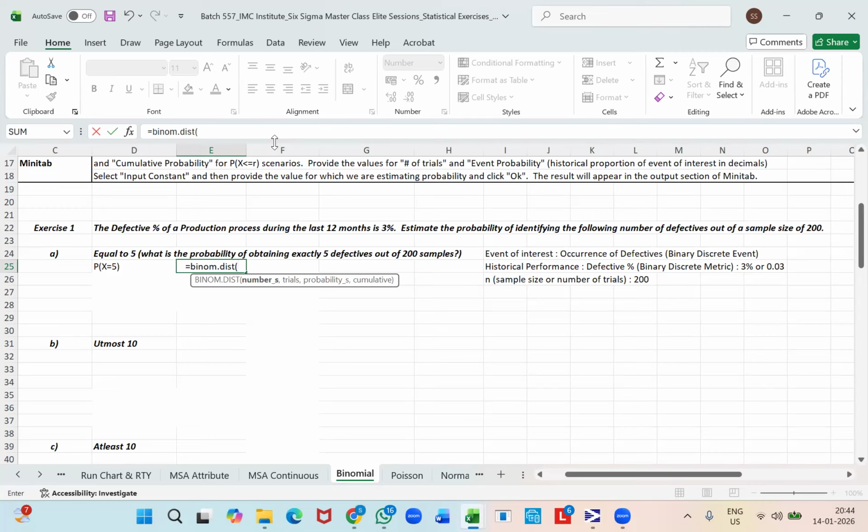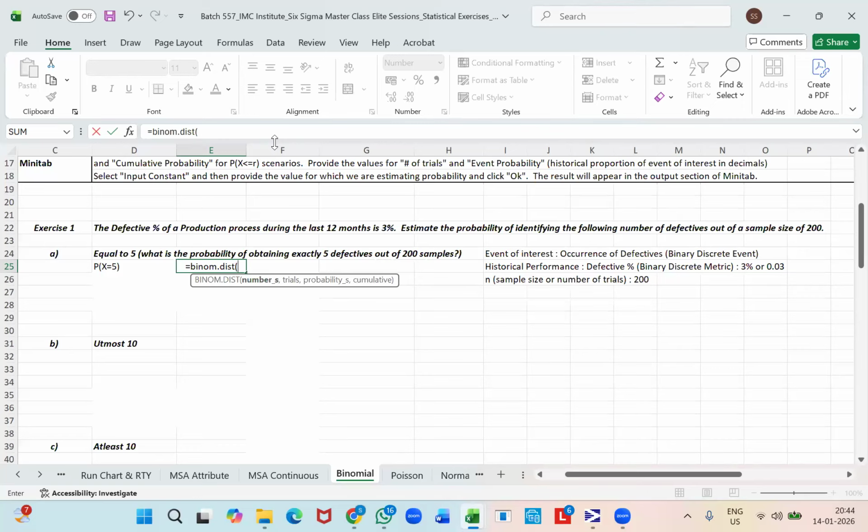You can learn how to input the values in the template and interpret the answers. But try your level best to understand this calculation logic. I'll go very slow and keep it very, very simple as well. So the Excel formula will be equal to binom dot dist, and we need to open the bracket.